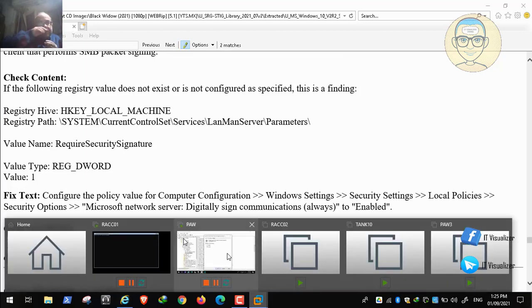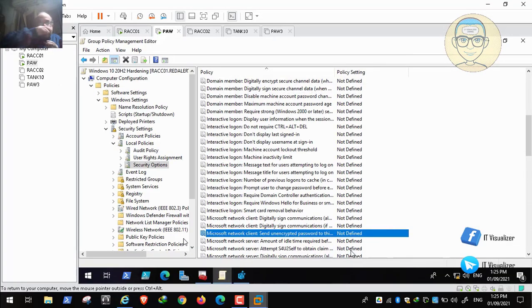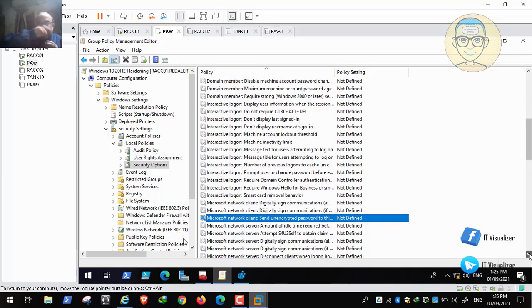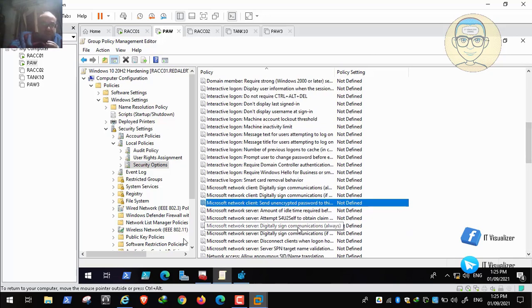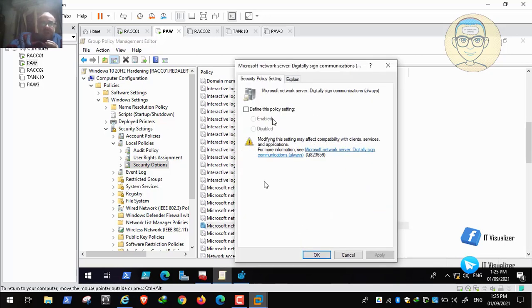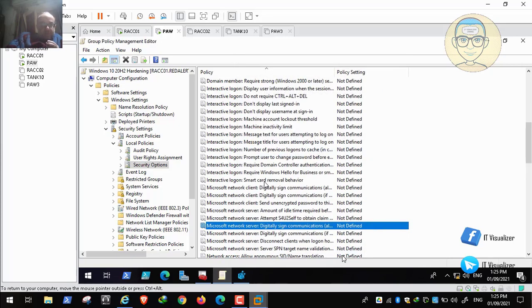Here we can see that we will always allow packet signing from the server side. So we have group policies concerning the client and some group policies concerning the server. So this is one of the things.